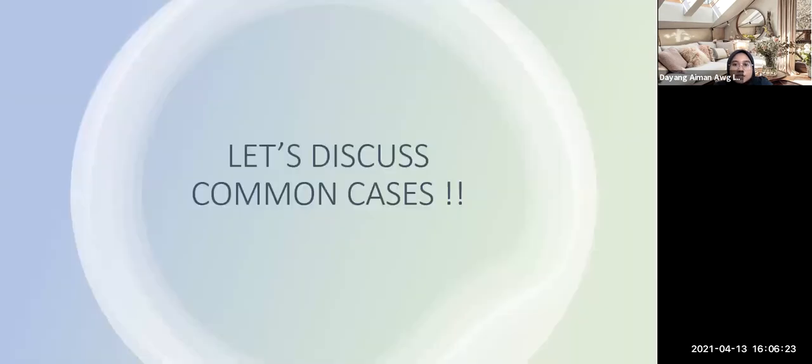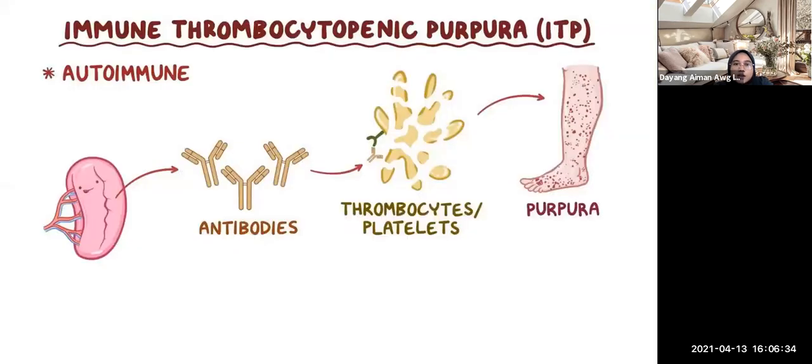So let us start. Common cases that are encountered are three cases: ITP, hemophilia, and also von Willebrand disease. First, ITP is an autoimmune condition, where there is antibody that affects the platelet that can result in thrombocytopenia and prevent platelet disease.